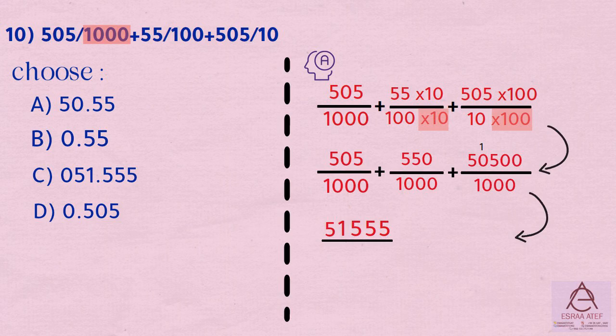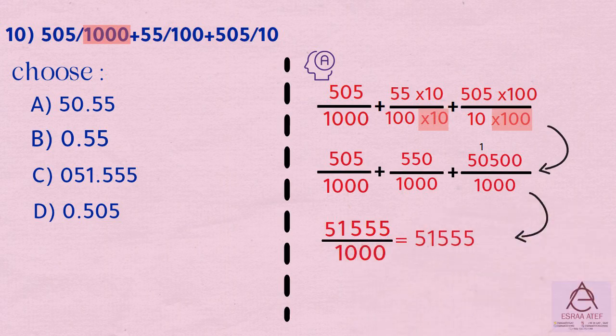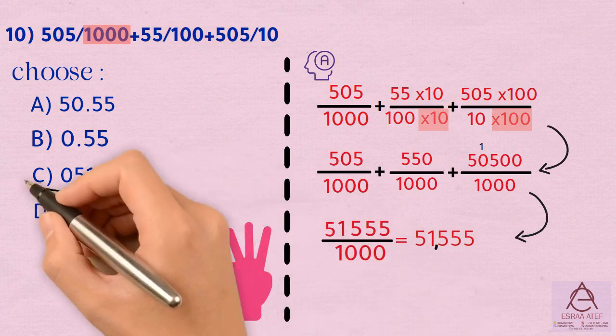And then since it is divided by 1000, I will move the decimal 3 places to the left, because we have 3 zeros. So it will be 51.555, which is the third choice.